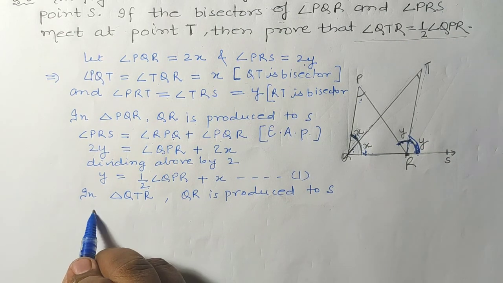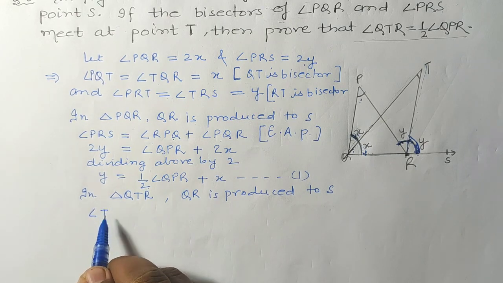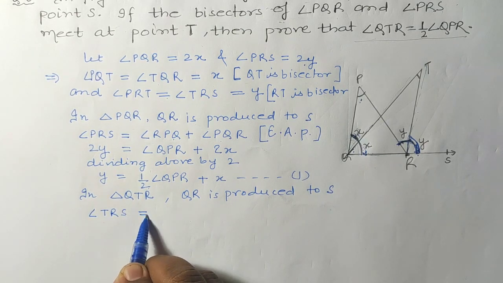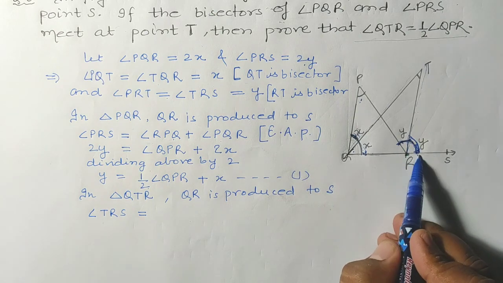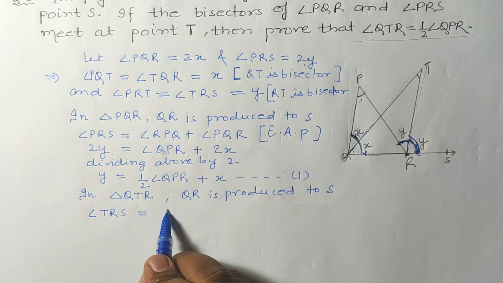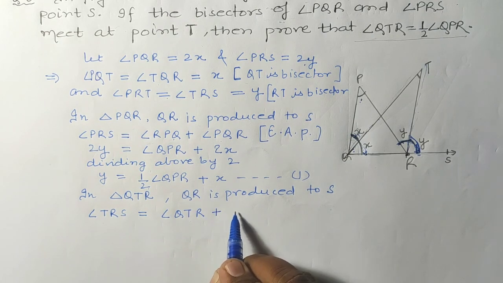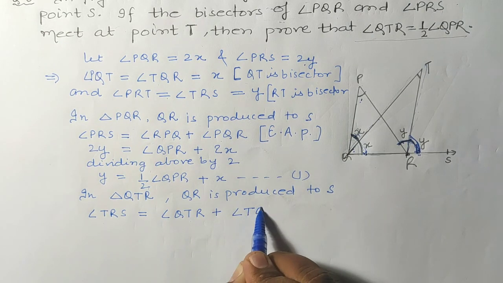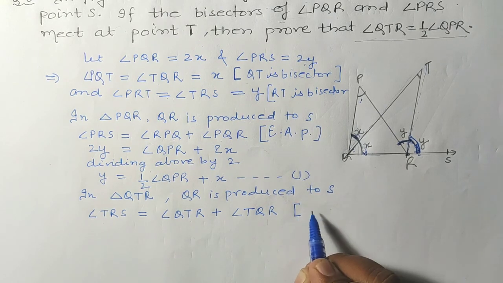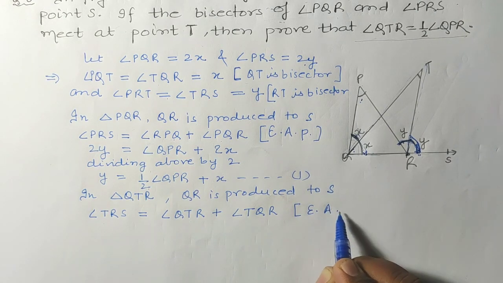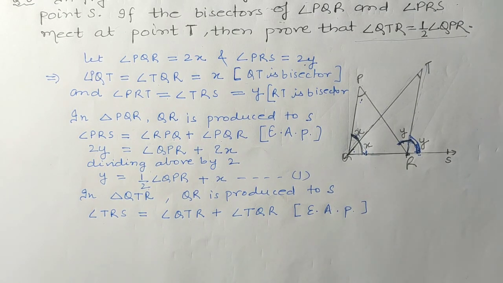So angle TRS will be equal to angle QTR plus angle TQR. What is the reason behind it? The reason is the exterior angle property.